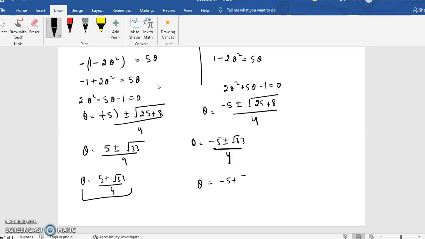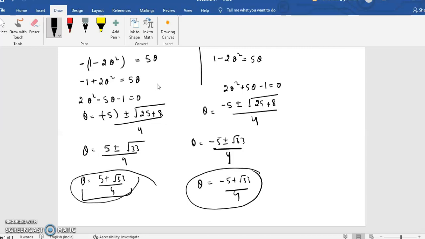So these are two values of theta at which, when the particle moves in a spiral path, it will repeat those velocities, and at these angles the radial and tangential parts of the velocities will be equal. Hence this is the way we can do the question.